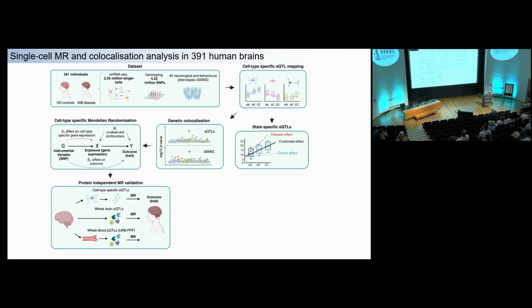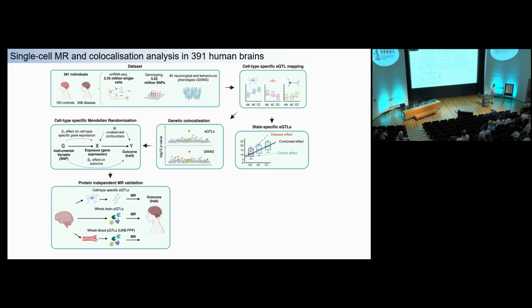And these were the brains of people who had died without a neurological diagnosis and whose brains were neuropathologically normal on inspection, and 208 subjects who had died with a neurological diagnosis, mainly either Alzheimer's disease, Parkinson's, or multiple sclerosis. We generated single-cell sequencing data on these brains, which gave us nearly 2.5 million single-cell data. All the subjects were genotyped. And we integrated this with genetic risk data from GWAS studies for 41 diverse brain phenotypes.